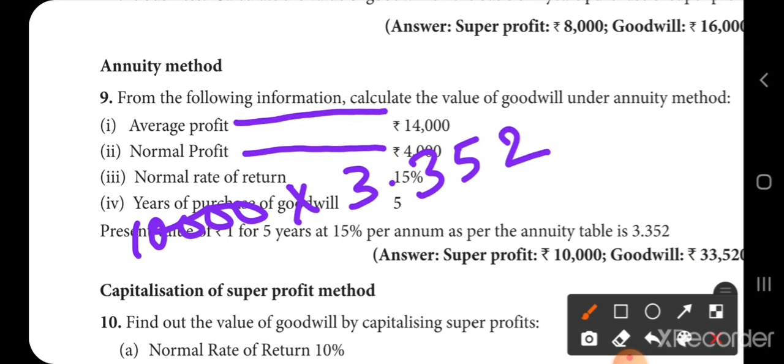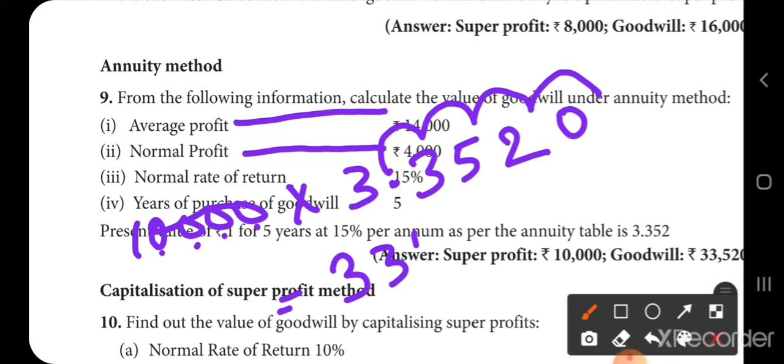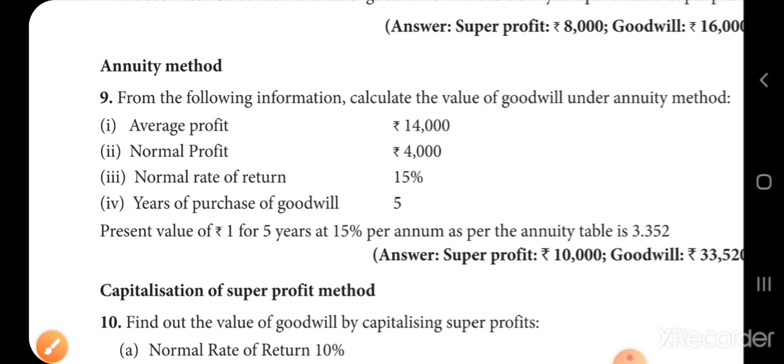So how many zeros are here? 1, 2, 3, 4. So this point you have to jump 4 times. 1, 2, 3, 4. So you add 1 zero here. So the answer is 33,520 rupees. Okay. Now look at the solution.